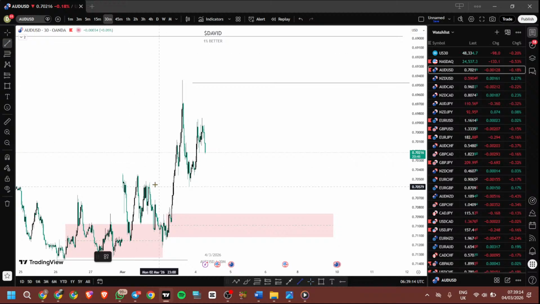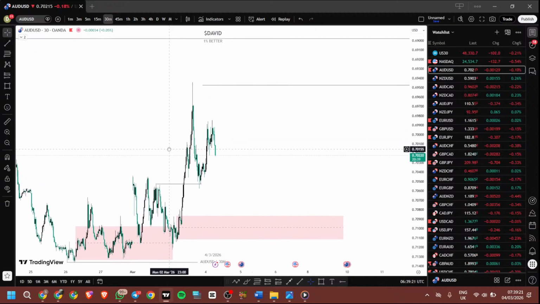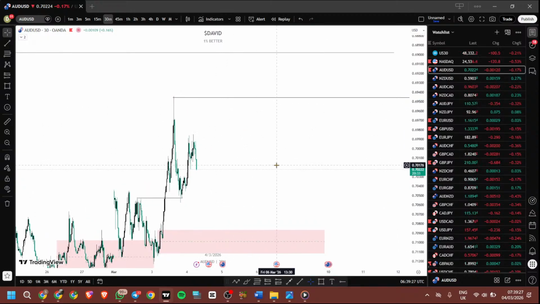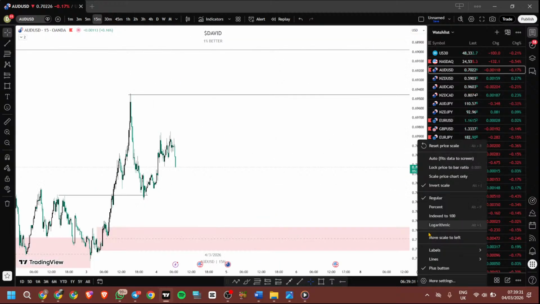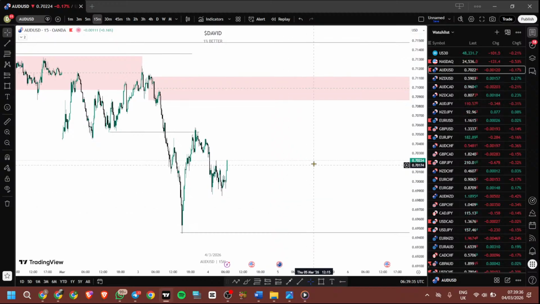This was a very sharp breaker block. So this looks very good.